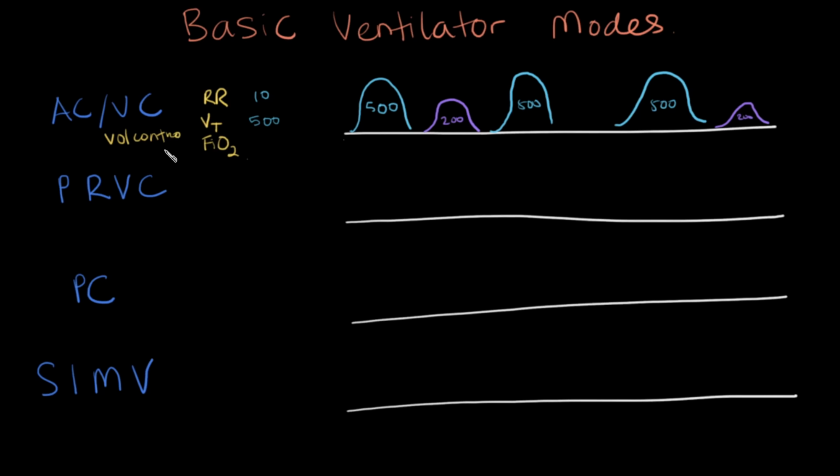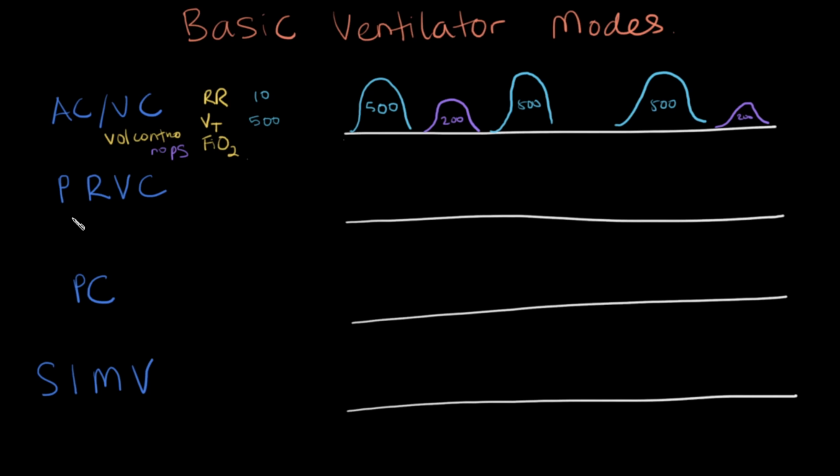Just have a note here that there is no pressure support in this mode. We'll come back to pressure support in a second, but remember that pressure support is that driving inspiratory pressure of air.